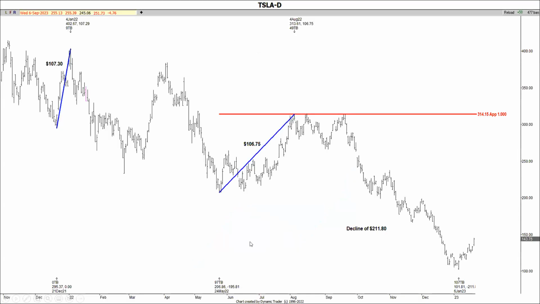Okay. So here is a great example of Tesla from last year. Some of these are from last year. This one is from last year. Okay, I had a symmetrical projection. I had a swing from the 21st of December low to the 4th of January high. That was $107.30.